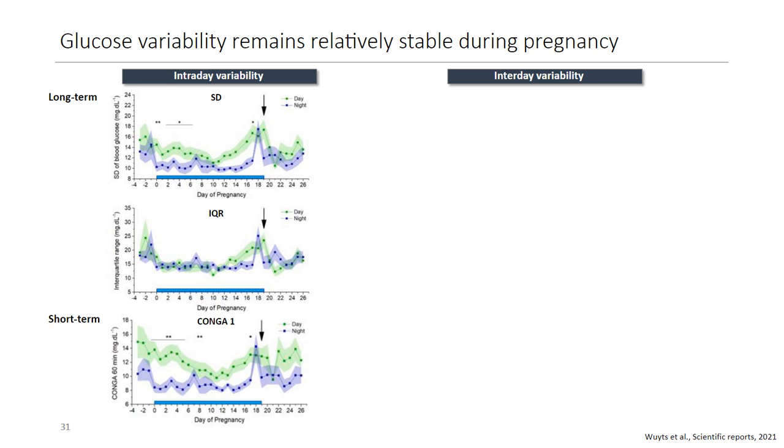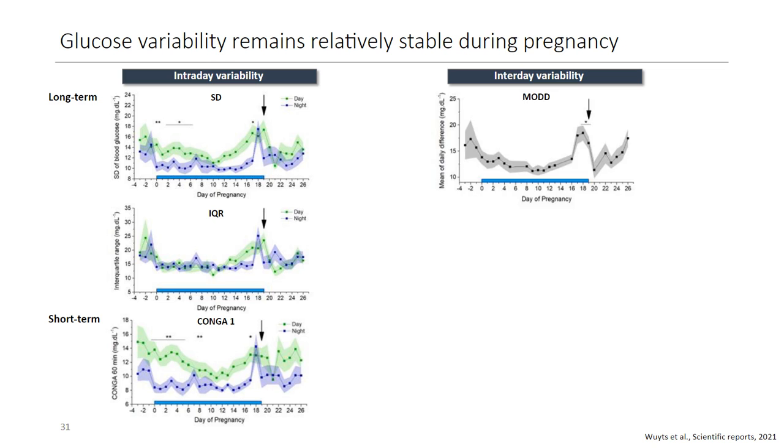However, you can also measure the short-time intraday variability, and an example of this is CONGA1, which gives a measure of the variability over 1 hour, and the standard deviation and the interquartile range give an idea of the variability per 12 hours or per day or per night. But besides that, we can also measure the interday variability, where we measure the mean of daily differences.